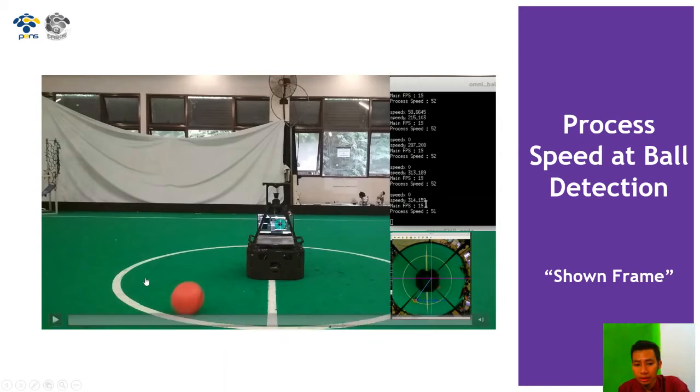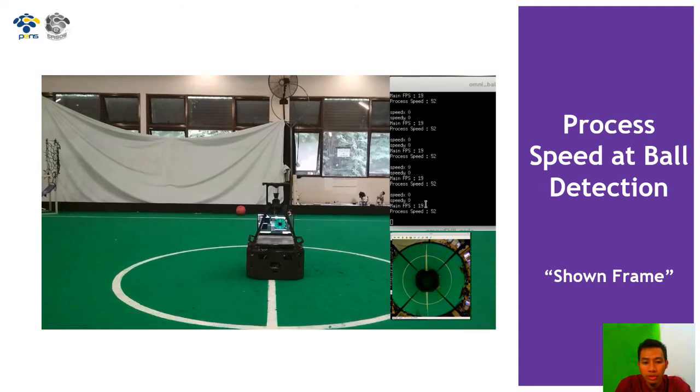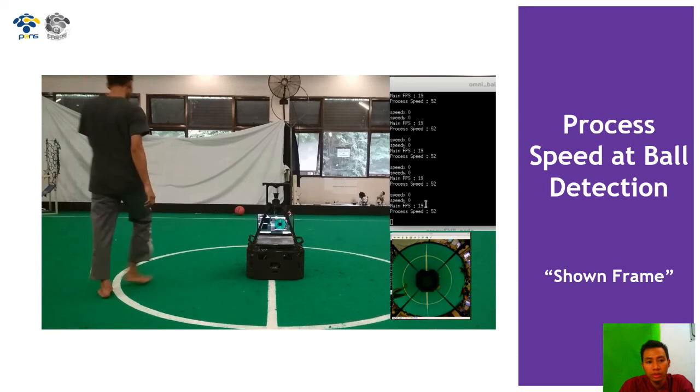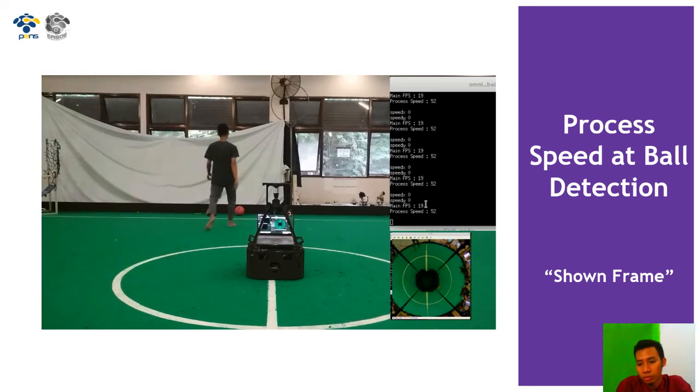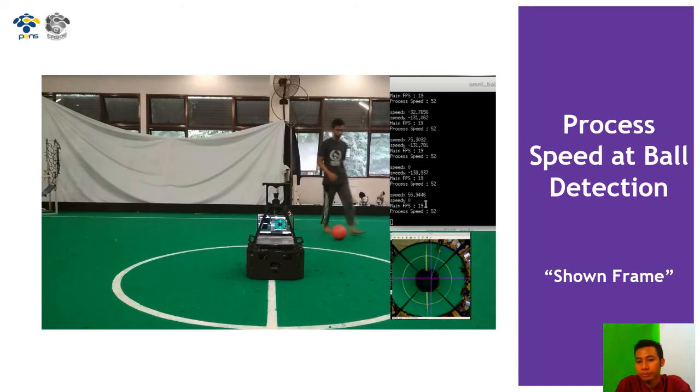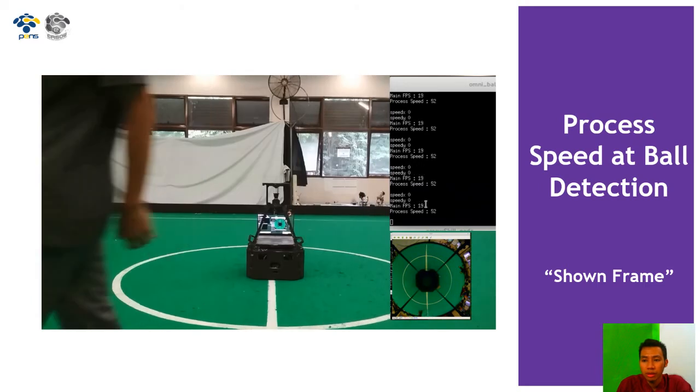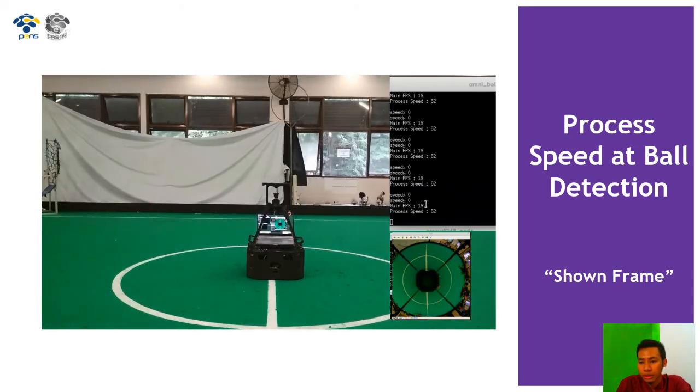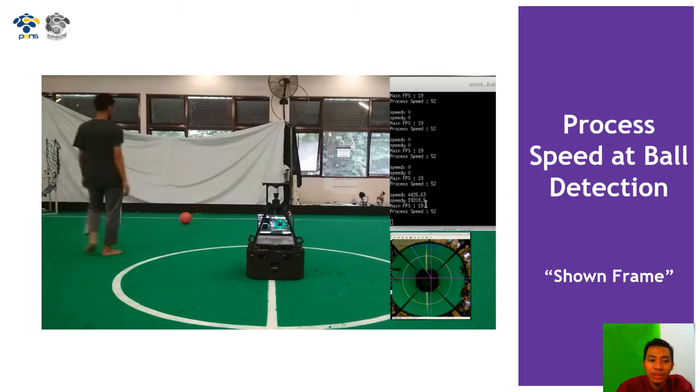So this is the result, but the program is showing the frame, so the speed is still slow. The process speed is 52. It indicates that the improvement of process speed in ball detection is still good.